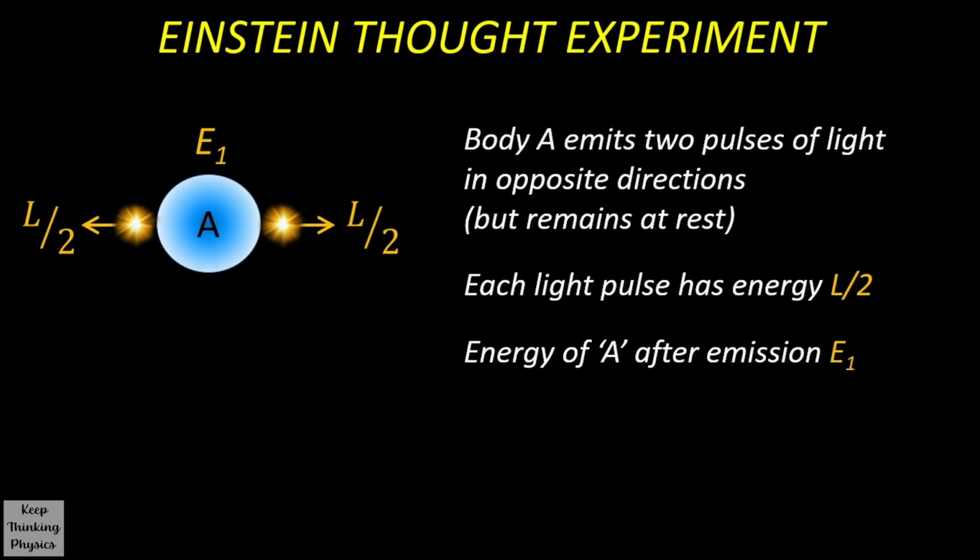Body A then emits two pulses of light in opposite directions, and each pulse of light has an energy L/2. On emission, body A remains at rest with respect to body B. Now, after emission, body A's kinetic energy is called E1.